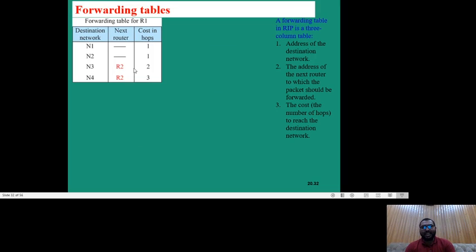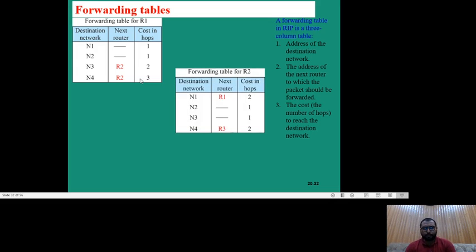For N1 and N2, the cost in hops will be 1, because N1 and N2 are directly connected with R1. But N3 is connected with R1 through R2, so the number of hops will be 2, while N4 is connected with R1 through R2 and the hop count in that case will be 3.